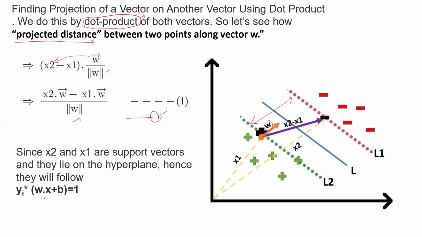And here in support vector machine, this is the equation for the hyperplane for these two data points. This is the equation generally used: Wx plus b, which looks like mx plus b, the line equation.